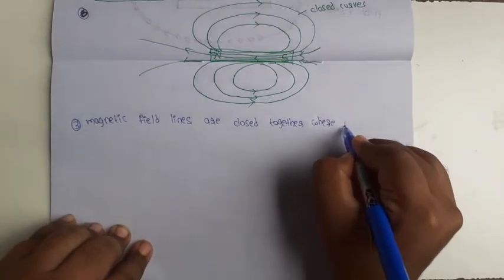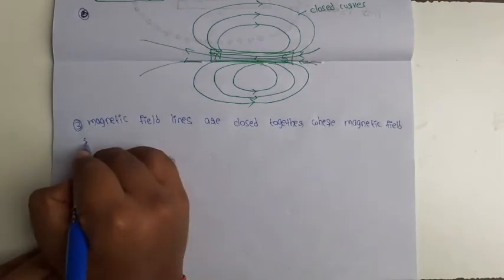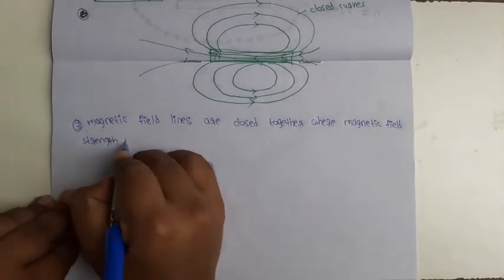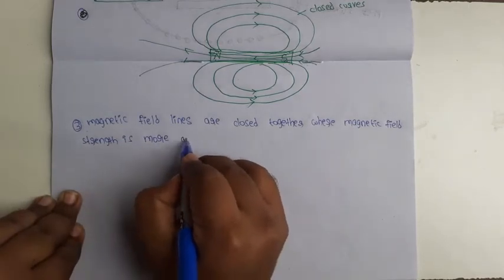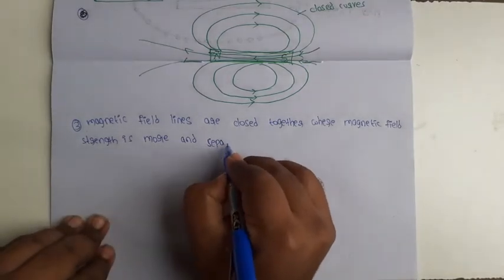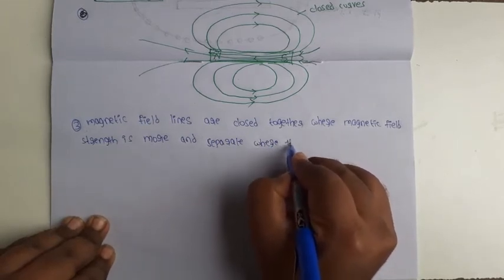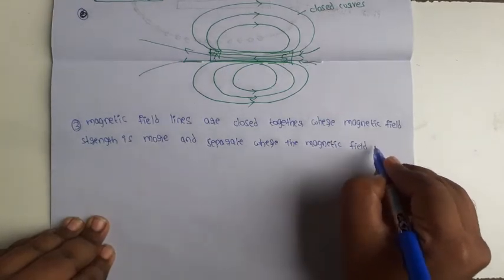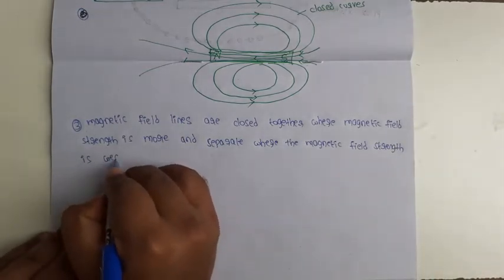Where the magnetic field strength is more, the lines are close together, and separate where the magnetic field strength is weak.